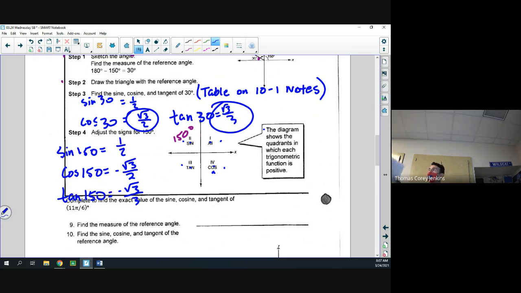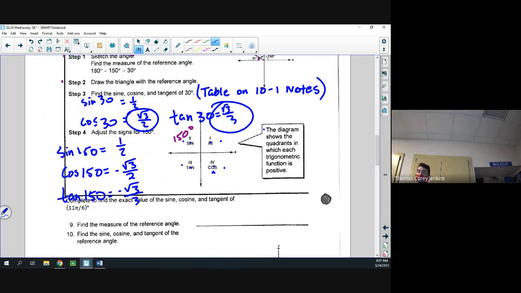For this process to work, your reference angle either has to be 30 or 60 or 45 or 90. So this only works for these special right triangles, okay?